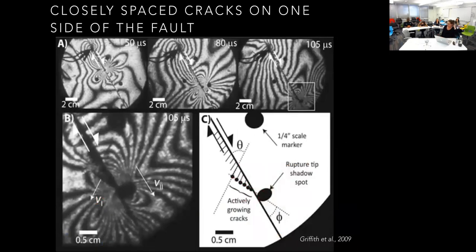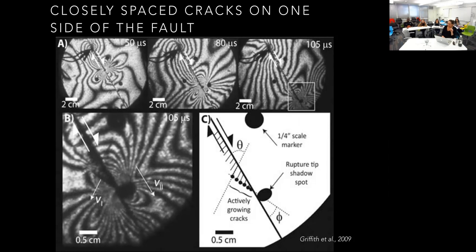And in fact, these experiments have been done. This is some experiments by Ashley Griffith, who's my co-author on the other paper. So this is not a rock. This is a plastic block, a birefringent plastic block. What they did was cut a fault into it, basically put a saw cut through it, glue it together so it would have some non-zero cohesion, strain it so that there was some differential stress that would favor slip on the fault, and then the little wires that look like a dark arrow pointing to the fault zone, that's an electrode.